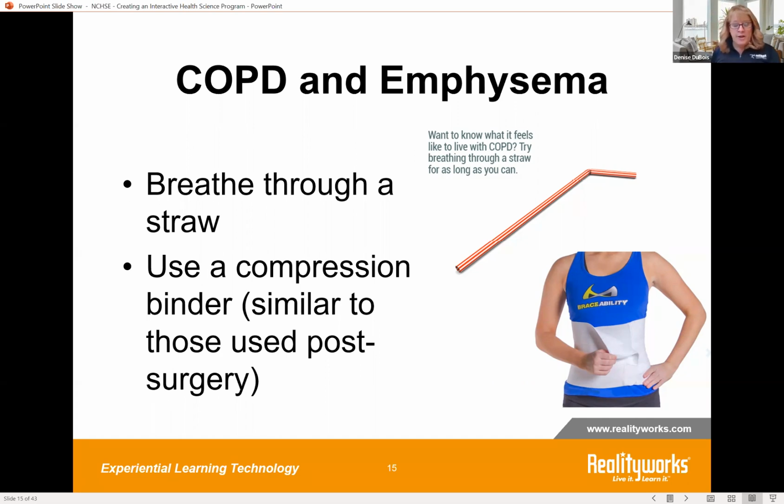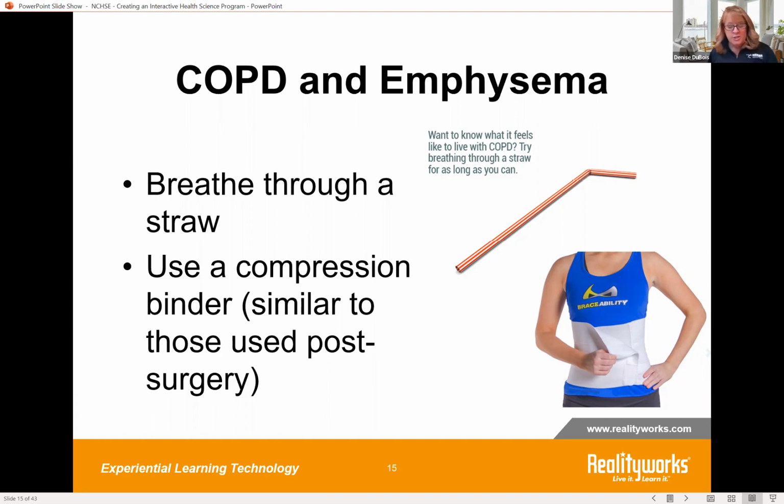Or another thing you could get as a wearable, you could get a compression garment, sometimes called binders, that enable the wearer to physically experience COPD's typically strenuous, labored, shallow upper chest breathing only, as well as the subsequent fatigue, sometimes irritability, and even emotional distress that can result from the sensation of not being able to get enough air.